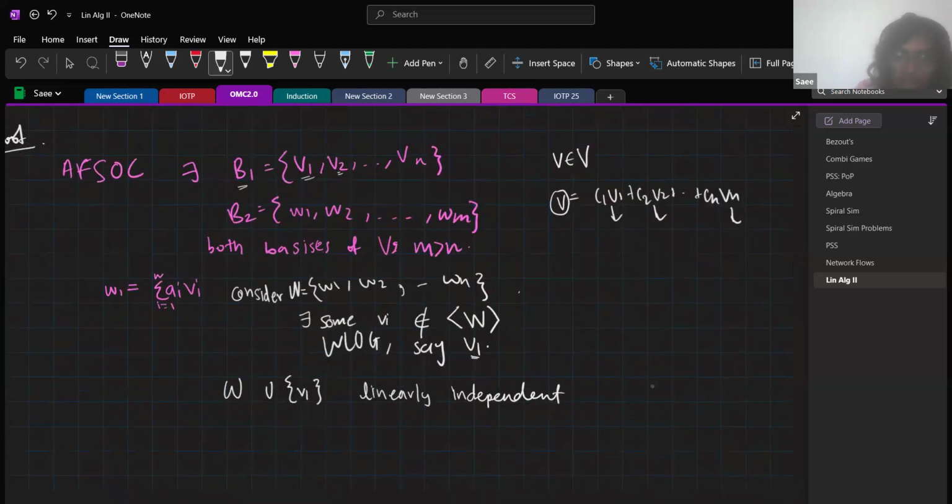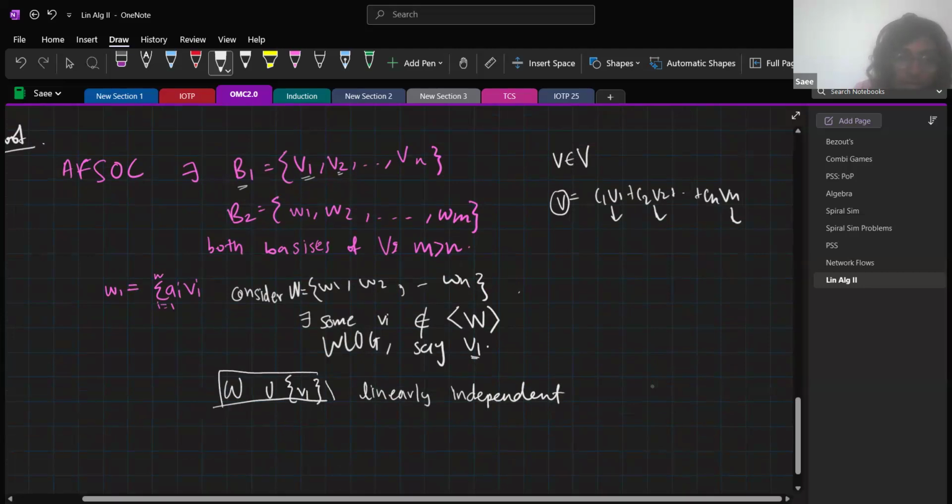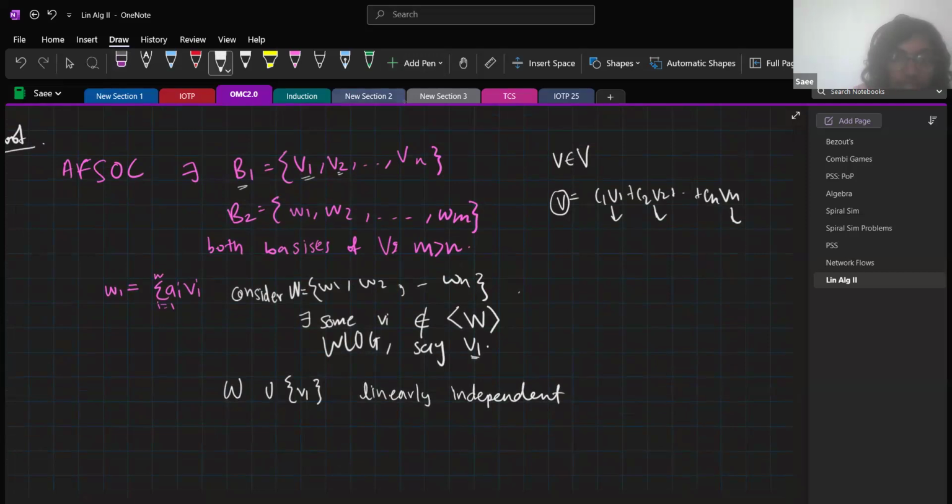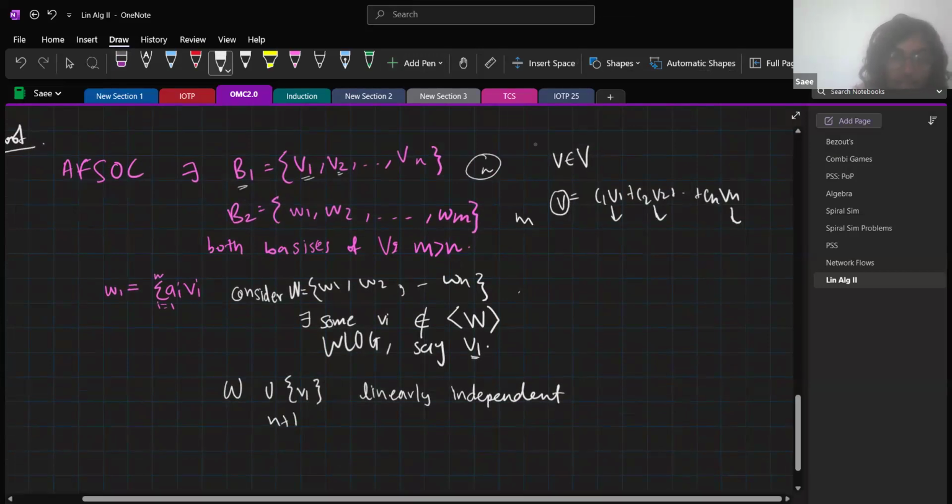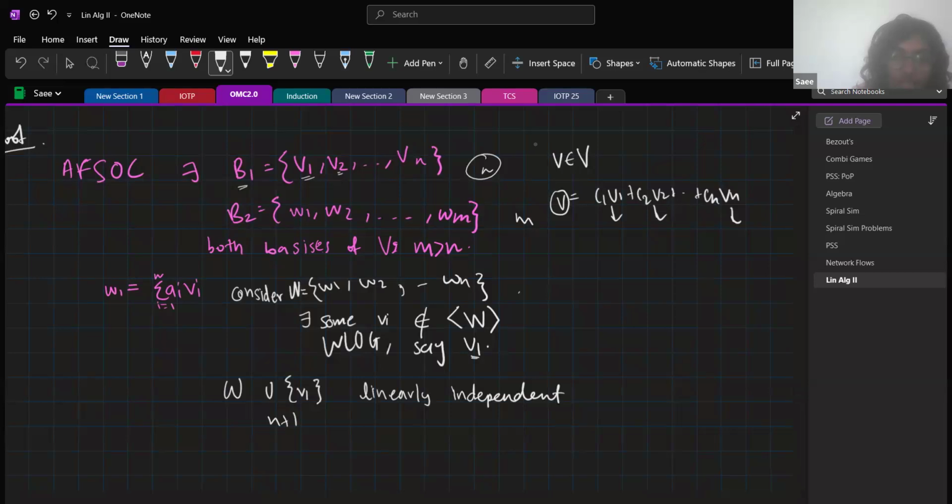Nishant mentioned that this could be a basis of V. If W union V1 is a basis, then we have a smaller condition than what we started with. Initially, we had two things of sizes N and M. Now we have something of size N which is a basis, and something of size N plus 1 which is a basis. So we're ending up with smaller numbers than those we started with.